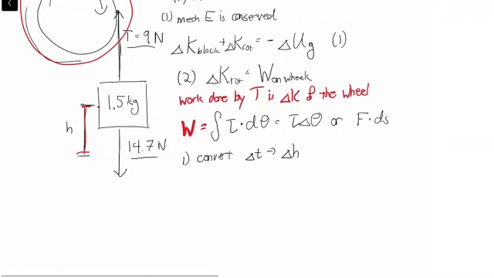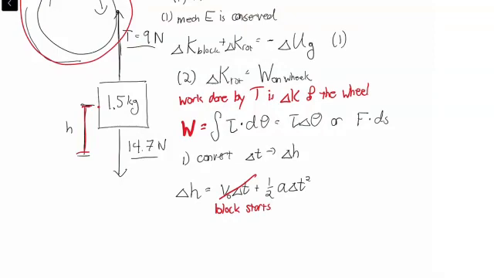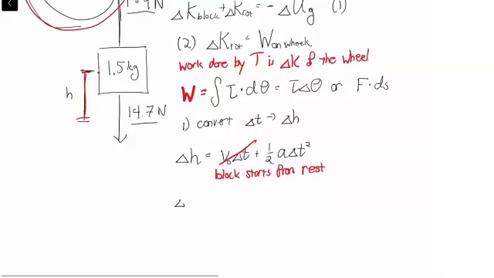From your kinematics unit, you can remember that the change in height of this block is v0 delta t plus 1/2 a delta t squared. But in this case, the block starts from rest, so we can eliminate the first term. Therefore, delta h equals 1/2 a delta t squared.